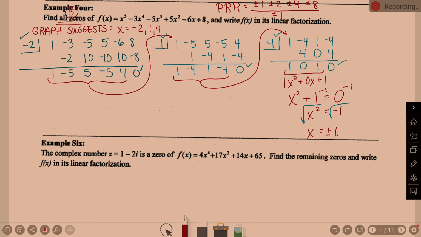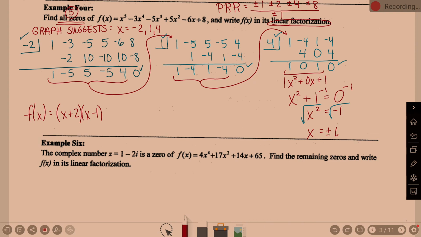Well, guess what, folks? Do we have 5 now? We have 5 zeros. How do we express our answer? Linear factorization. So we have all the pieces. It's just putting it in linear factorization. So I'm going to say f of x equals. I first had negative 2. So that's x minus negative 2, or in other words, x plus 2. Then I used 1, which is x minus 1.